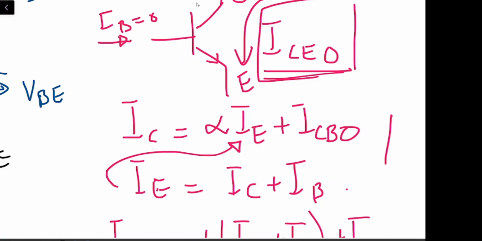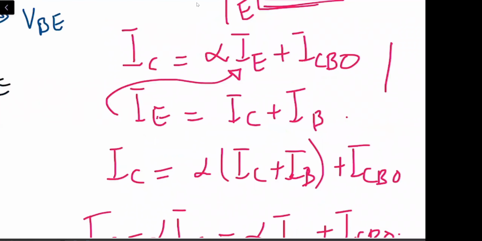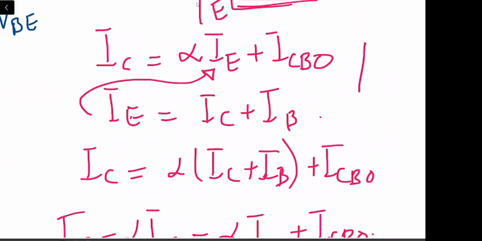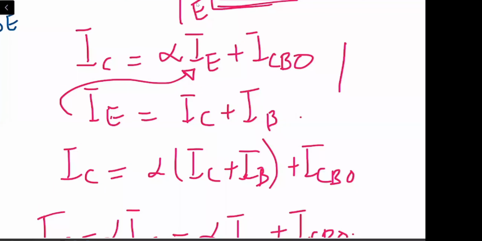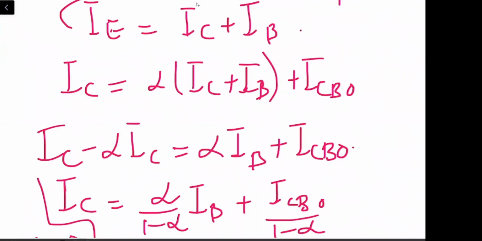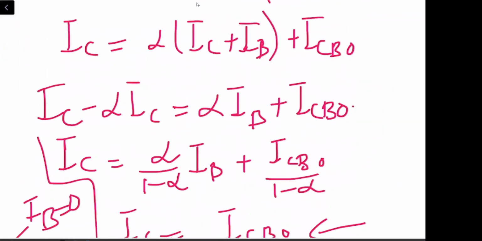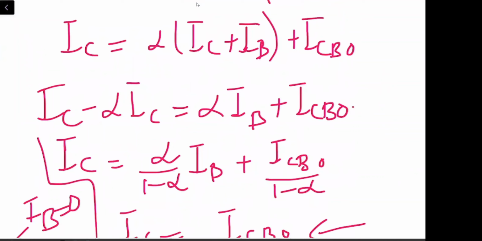Now replacing IE with its equivalent value in the equation above, we get IC is equal to alpha times (IC plus IB) plus ICBO, or IC minus alpha times IC is equal to alpha times IB plus ICBO.